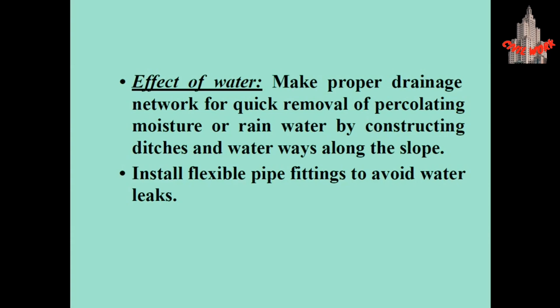As the water percolates into the deeper layers of the soil, it reaches the groundwater, which is water below the surface. The upper surface of this underground water is called the water table. Hence, we have to install flexible pipe fittings to avoid water leaks.